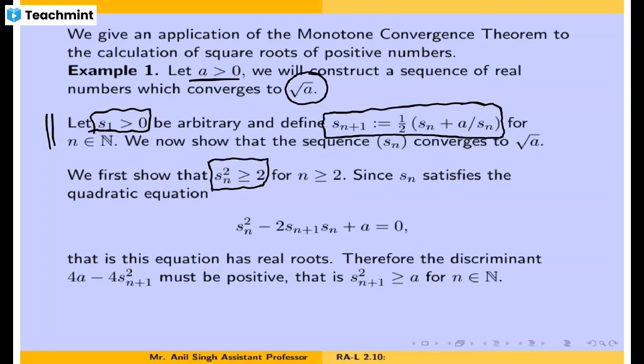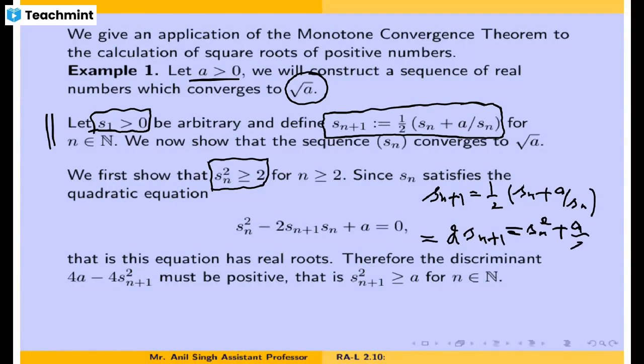Now, as can be seen from this equation, S(n+1) equals 1/2 (Sn plus a upon Sn). Multiplying by 2 on the left hand side, 2 S(n+1) equals Sn plus a upon Sn.